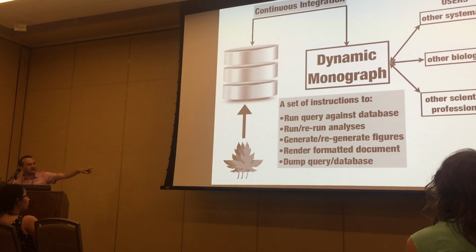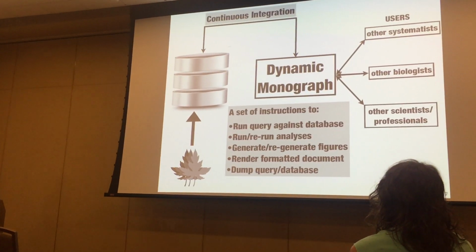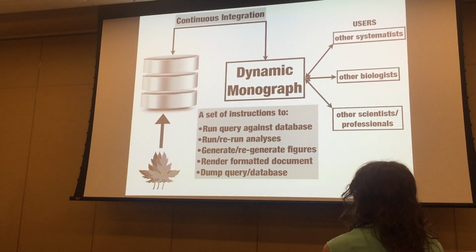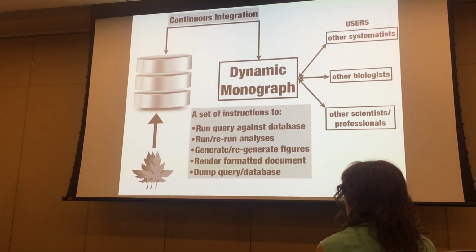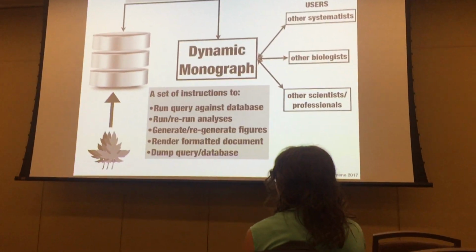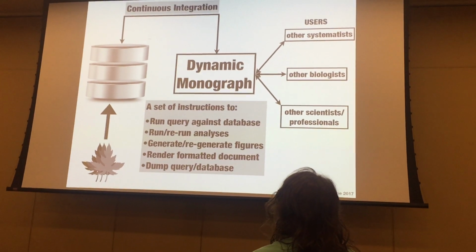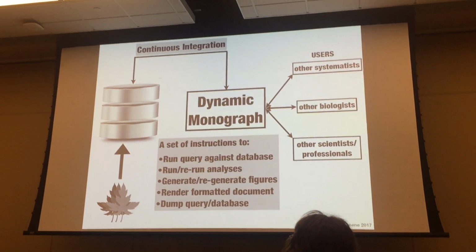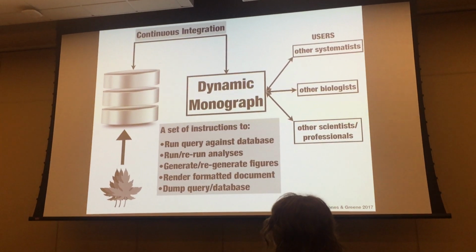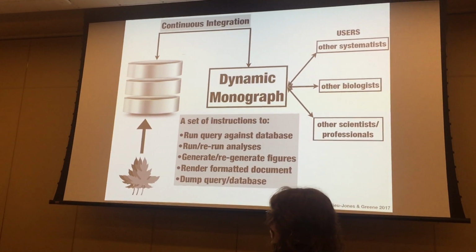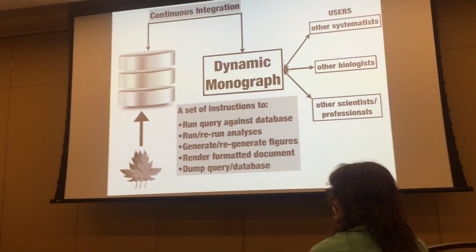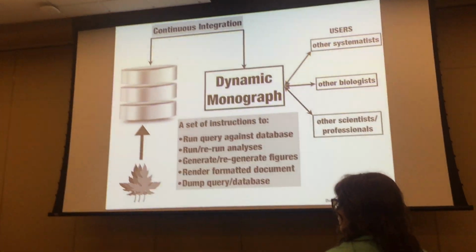And as more specimens are added here at the bottom to our database, or changes happen in the database, automatically this monograph should regenerate every time that more specimens are added or more information comes into the database. But at the same time, the users can query these databases and they should be able to extract the information that they want from these databases. And these queries to the monograph should feed back into the database, and the monograph is basically this interface between the user and this database.